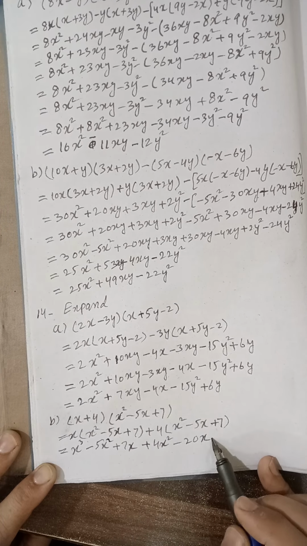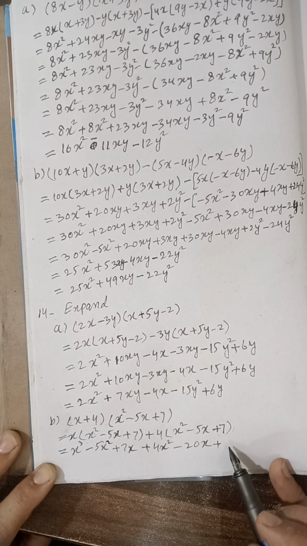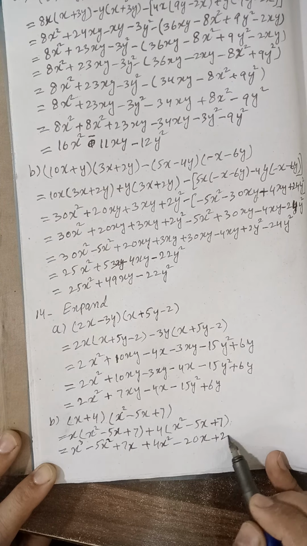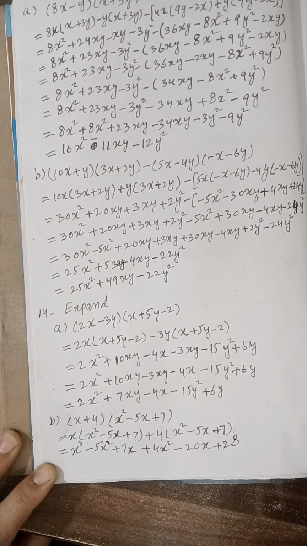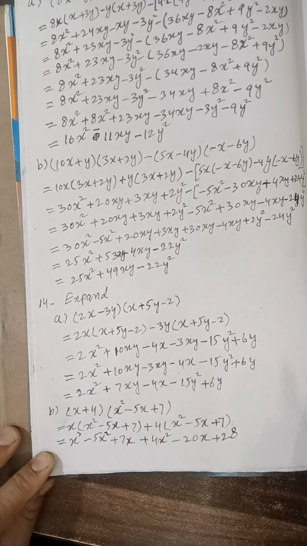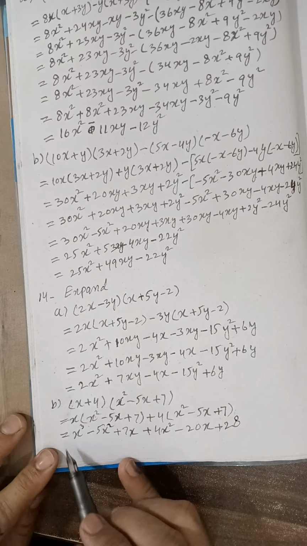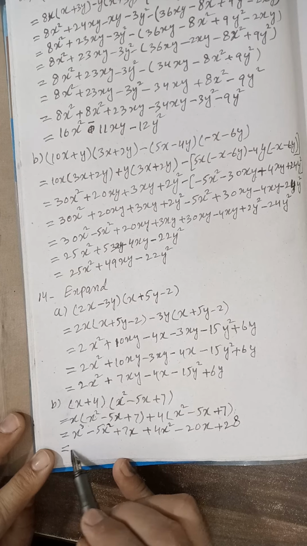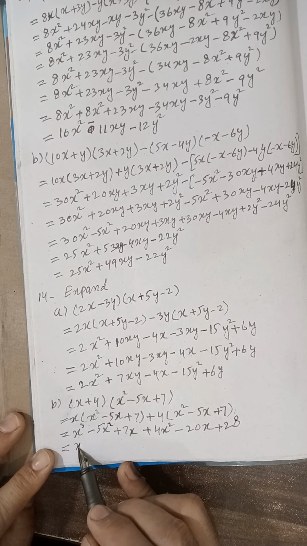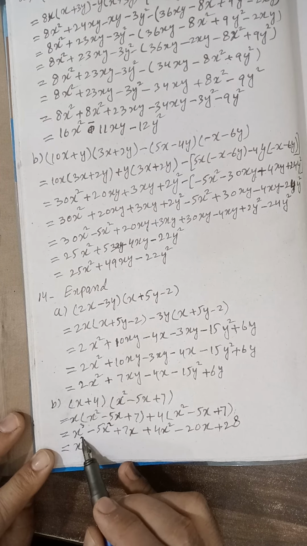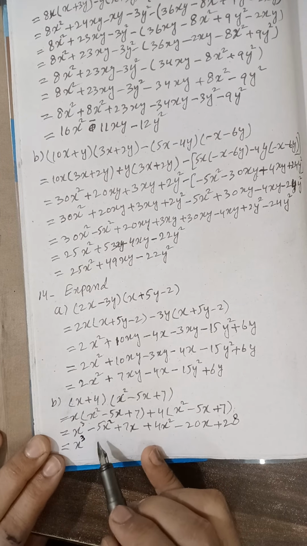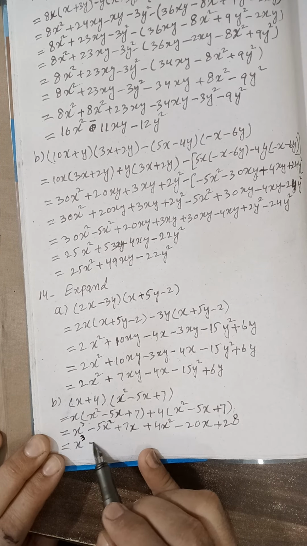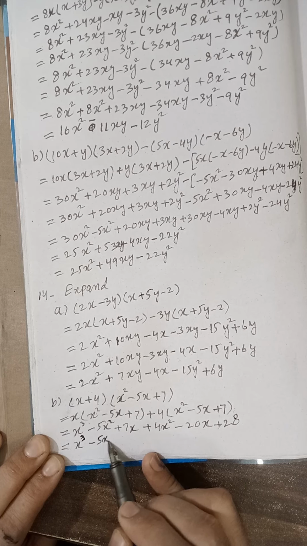Then 4 multiplied by 7 is equal to 28. I have multiplied these.